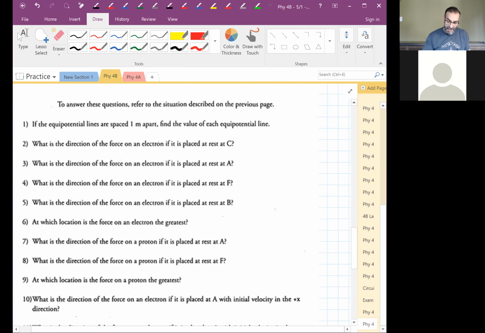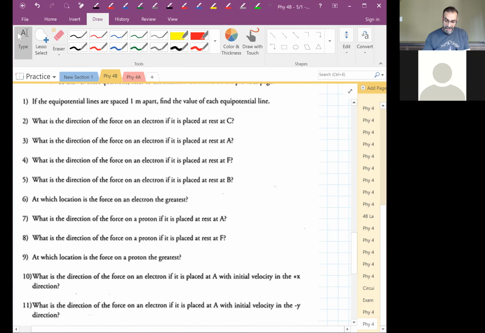What if we took that electron at position A and gave it some initial velocity in the negative y direction? What direction is the force? To the left. It doesn't matter. Velocity doesn't matter, right? It's F equals QE.